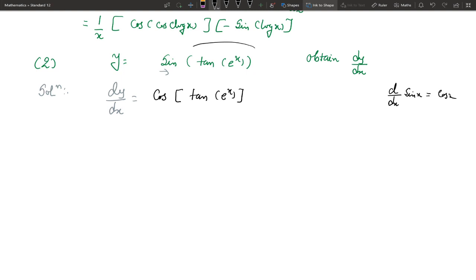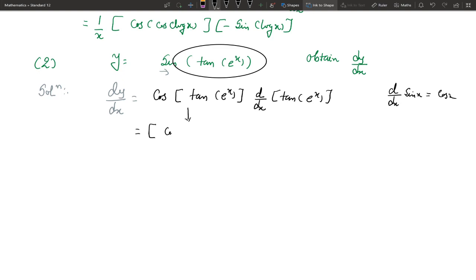Now inside it is not x, it is a function of x. So by chain rule, we use d by dx of tan of e raised to x. Now this is as it is, this is as it is. So cos of tan of e raised to x.